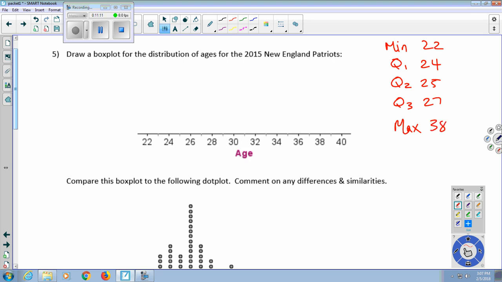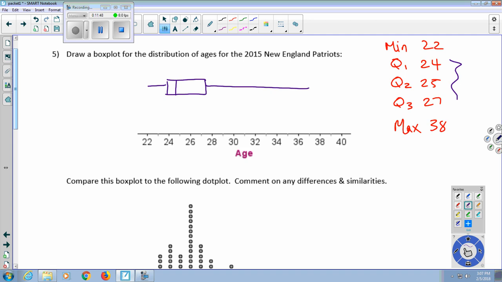I like to start with my rectangle that goes from my Q1 to my Q3, so 24 to 27. Then I can put my median on, which was at 25, and extend my whiskers out to my minimum value, 22. My other whisker comes all the way out to 38.